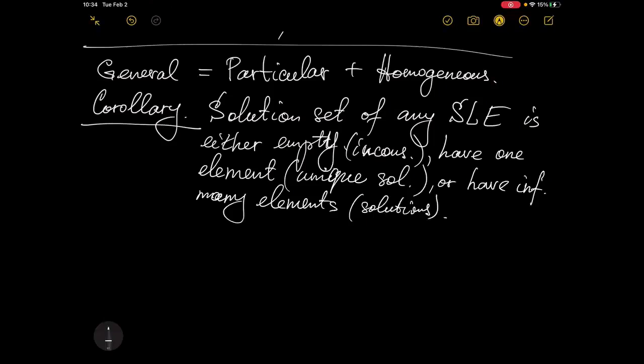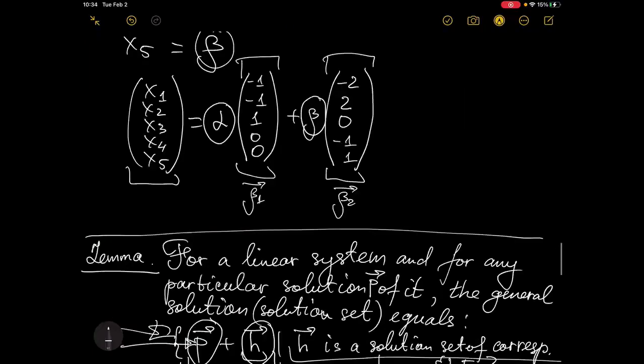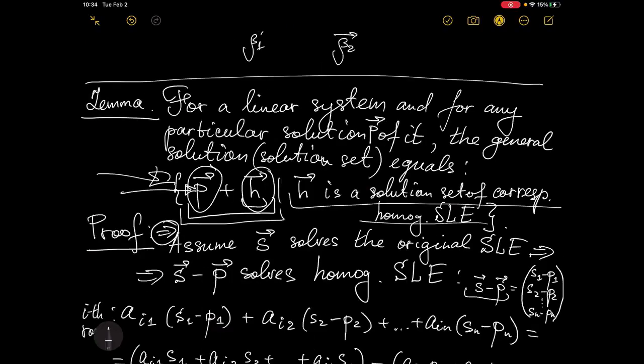Solutions. So the only possibility which you can have is this: if you have a particular solution, a vector p, at least one solution in the system, then at least one element is present in the solution set.